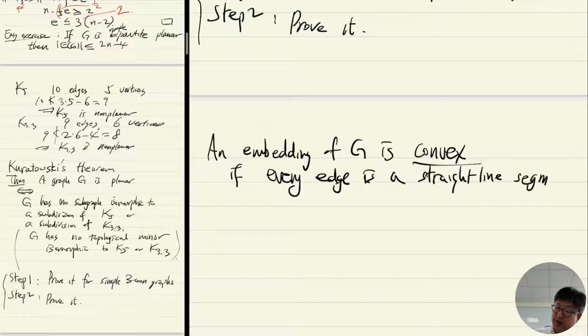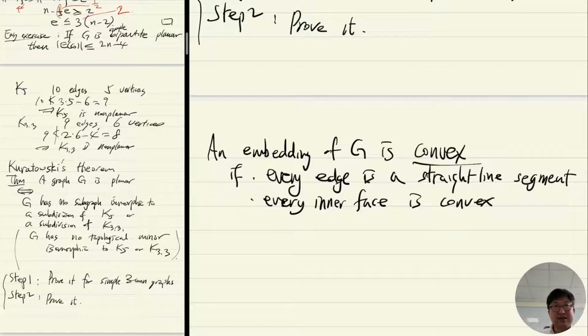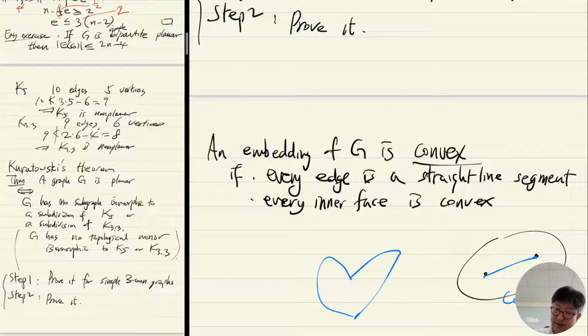So I'm talking about the embedding on the plane. Inner face means it's not the outer face, so it's a bounded face. Convex means that whenever you pick 2 points, all the points on the straight line segment stay inside. So this is convex. This is not convex, because with these 2 points, you go out.